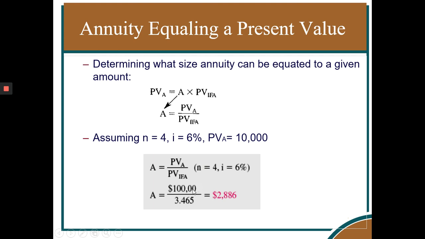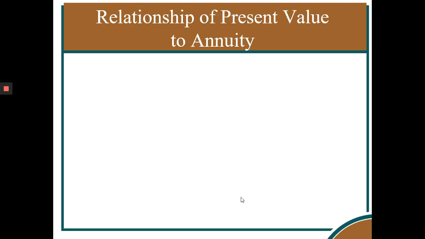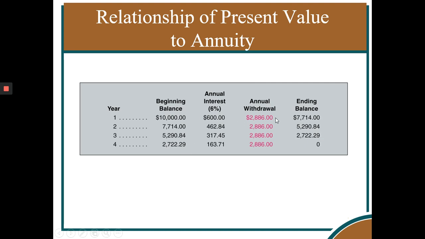So 10,000 divided by 3.465, you'll be getting 2,886, which means every year you will be withdrawing 2,886. In the beginning, you deposited 10,000.